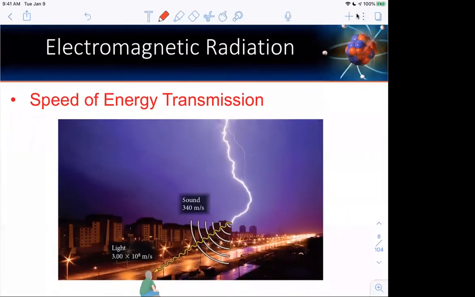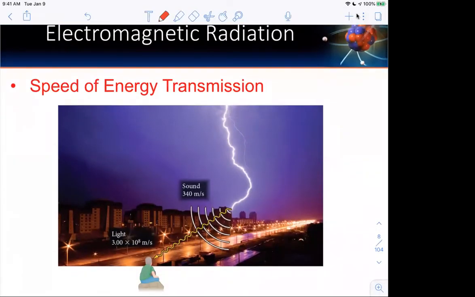Now, the speed of energy transmission will be different when I have all kinds of other things in my atmosphere. My light is going to move at 3.00 times 10 to the 8th meters per second. Sound waves are a lot slower when they move through the atmosphere. So this is why anytime there's a lightning strike, I see the light and then there's a time lag and then I hear the thunder.